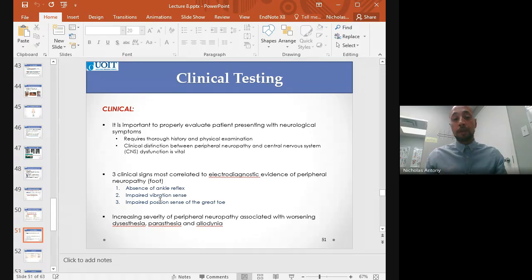If a diabetic patient comes in, we will look at the ankle reflex. It's going to tell us whether or not the sensory nerves are working. We look at whether you can close your eyes and move your big toe. Can you tell me if the toe's up or down? And they can feel it. And then the vibrating hammers. Tell me when I'm touching the foot. So this is just testing their sensory integrity.